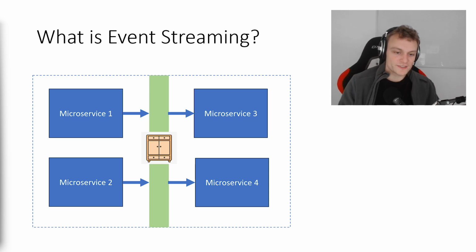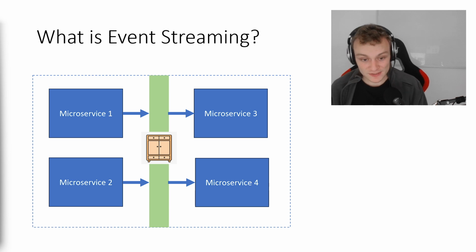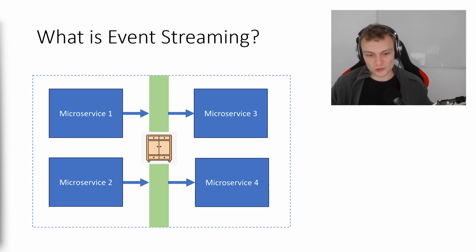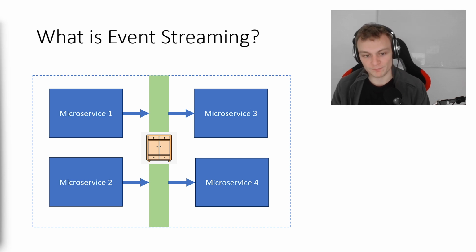Some microservices insert information into the cupboard, and some other microservices retrieve information from the cupboard. And not only that, a cupboard is not just a large box where you can throw in information and others take it out, but rather you have certain drawers, and each drawer is responsible for a certain type of information.